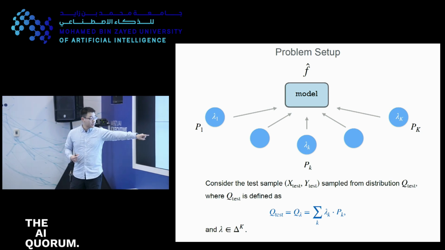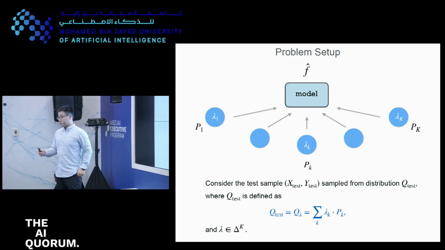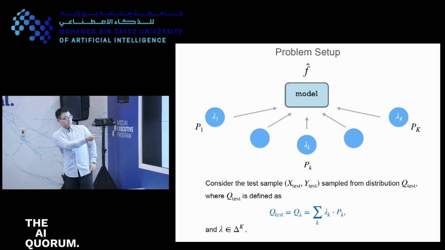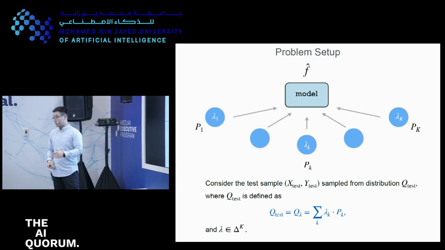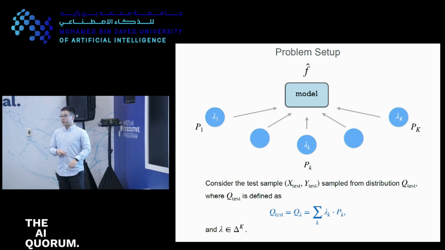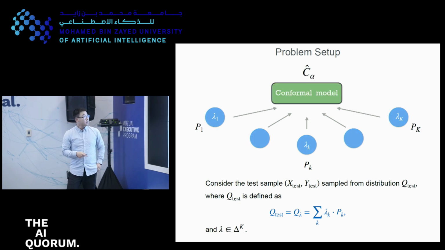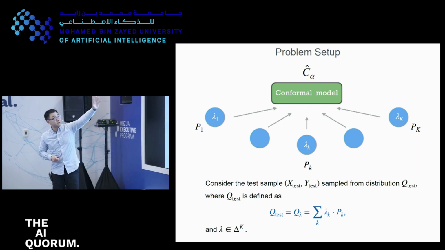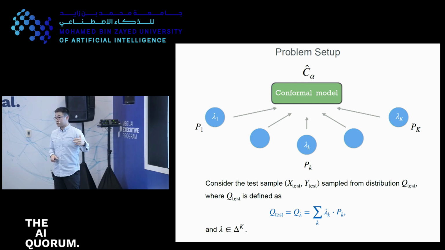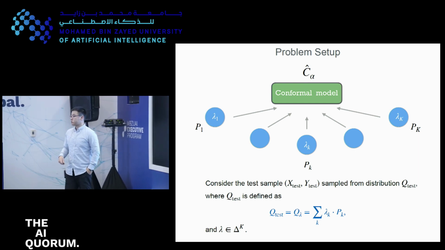So the test distribution, denoted by Q lambda, is a linear combination, where lambda lies in the simplex, of P1 to capital PK. And we are considering a test data point sampled from this mixture. Given these data points from the capital K clients, we want to build a conformal model that works for this Q test distribution in the future.